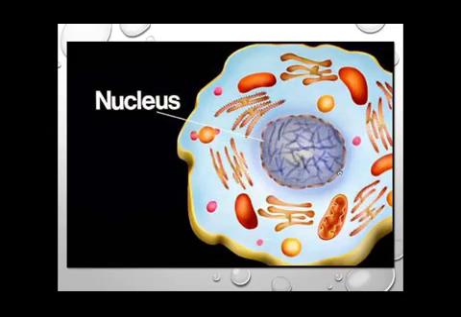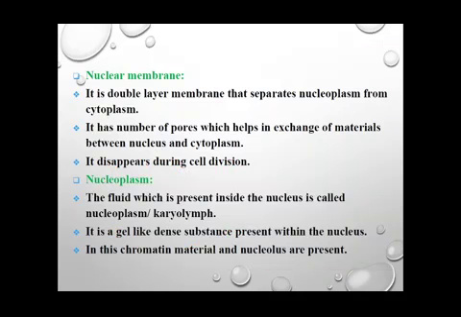You can see some holes present in the nucleus, and there are other things inside the nucleus, such as nucleoplasm, chromatin network and nucleolus. We are going to study about them one by one.